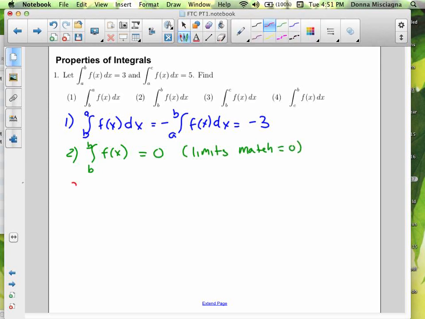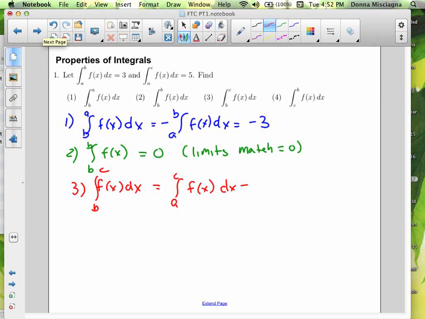All right, and then number 3, we have the integral of f of x dx evaluated from b to c. So we have from a to b and from a to c. So to find from b to c, we're just going to take from a to c, which is the whole interval there, and subtract a to b.